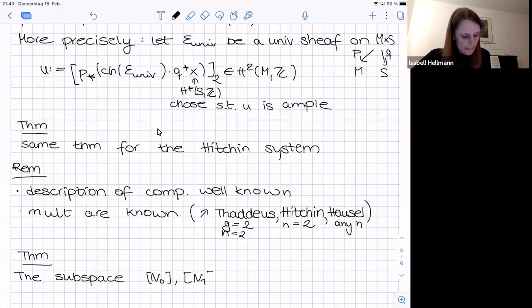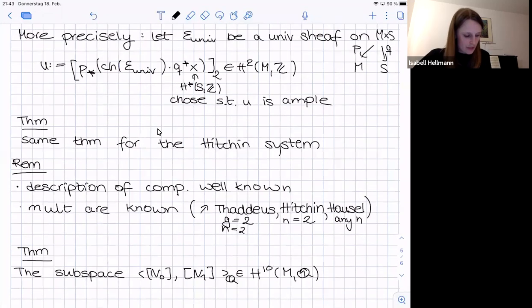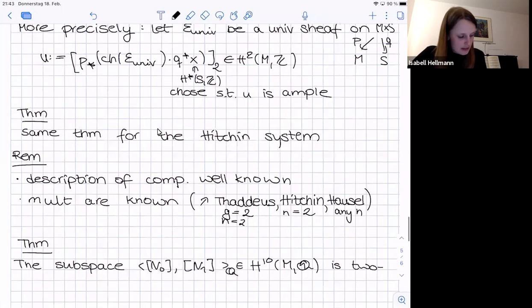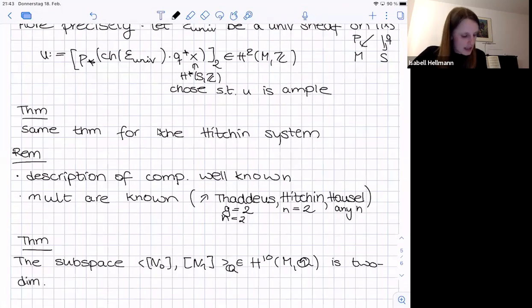These are subvarieties of codimension 5, so they define a class in H10. I want to take the subspace generated by these two classes. And the statement here is that they are linearly independent. So this is a two-dimensional subspace and totally isotropic with respect to the intersection pairing on H10.